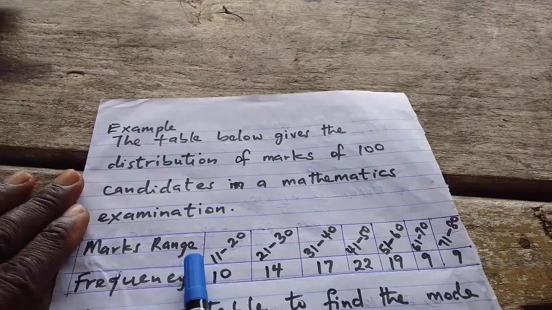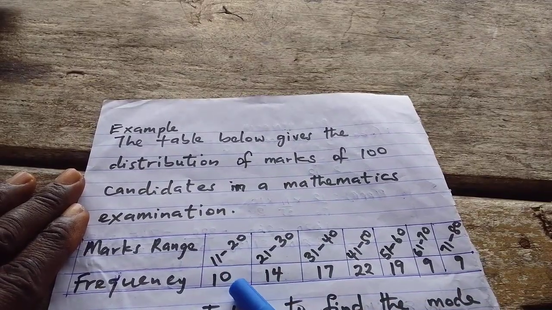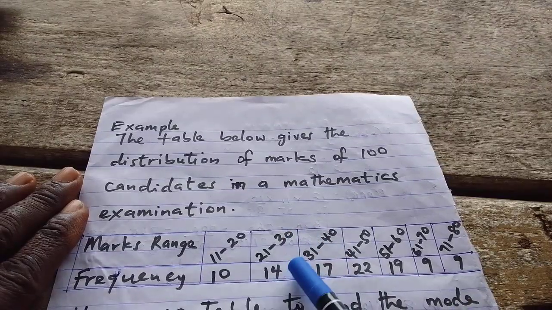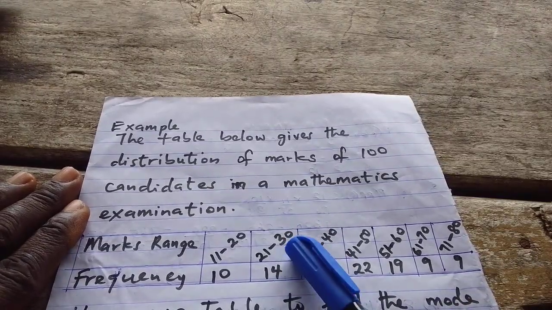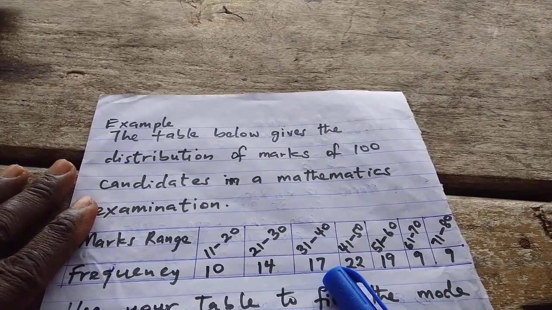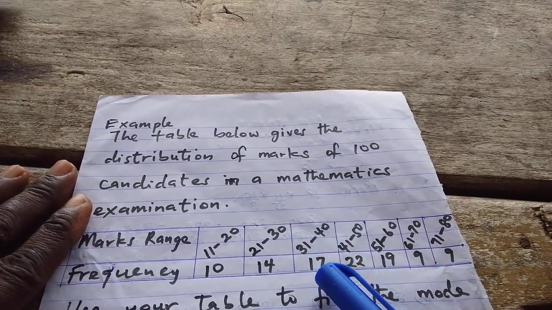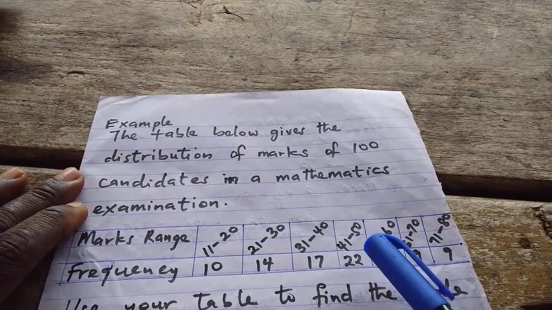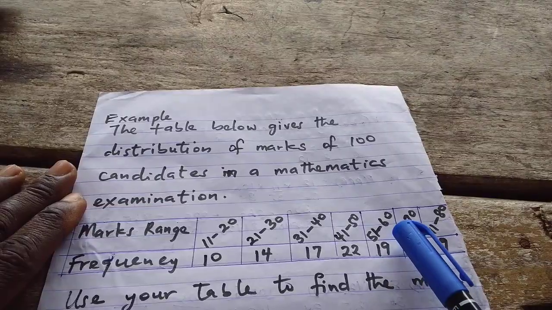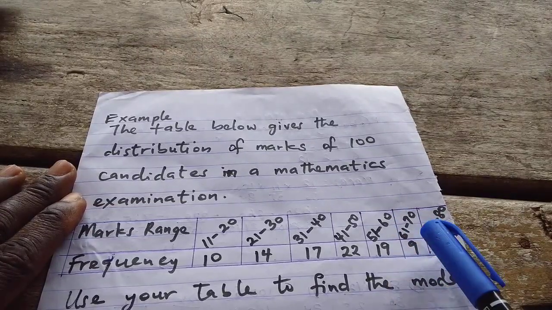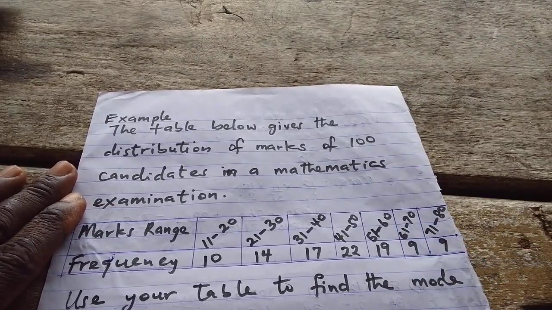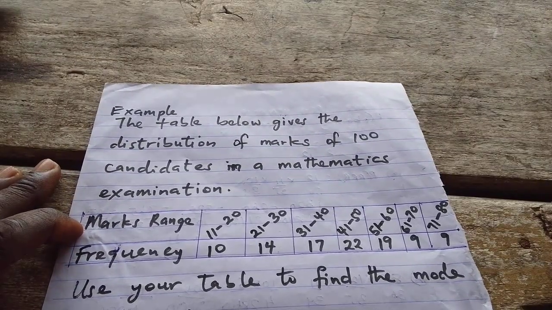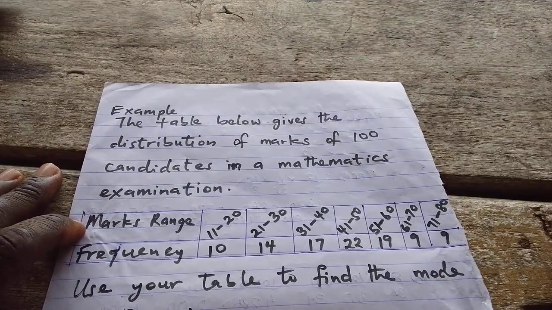These are their marks range. 10 students scored between 11 to 20, 14 students between 21 to 30, 17 students between 31 to 40, 22 students between 41 to 50, 19 students between 51 to 60, 9 students between 61 to 70, and 9 students again between 71 to 80.